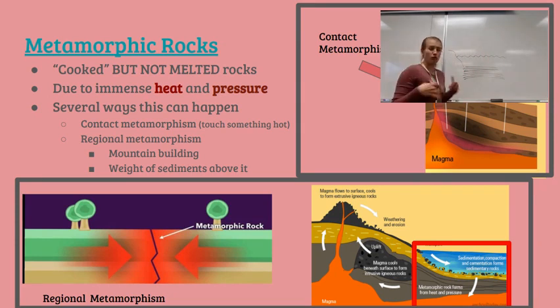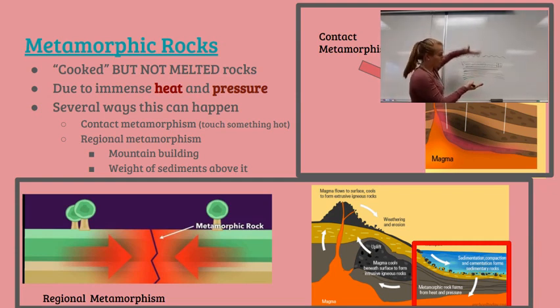Over time, sediments in this ocean are going to be falling on top. They come off the land and settle on the ocean floor. Eventually, this will become a sedimentary rock, which we'll talk about in a second. Then more will land on it, and we get another layer of sedimentary rocks.